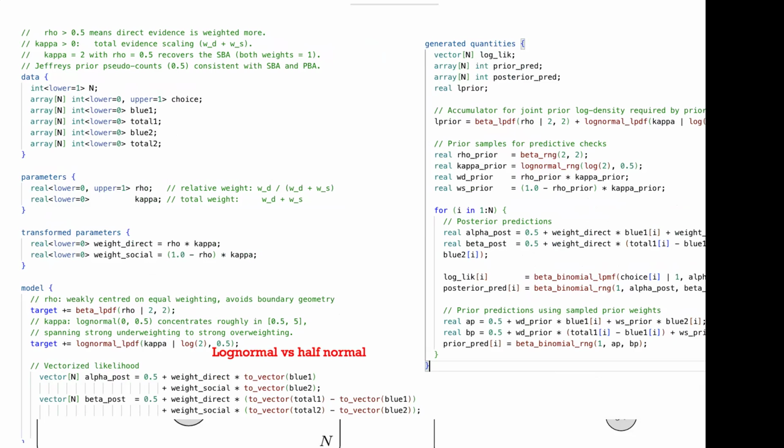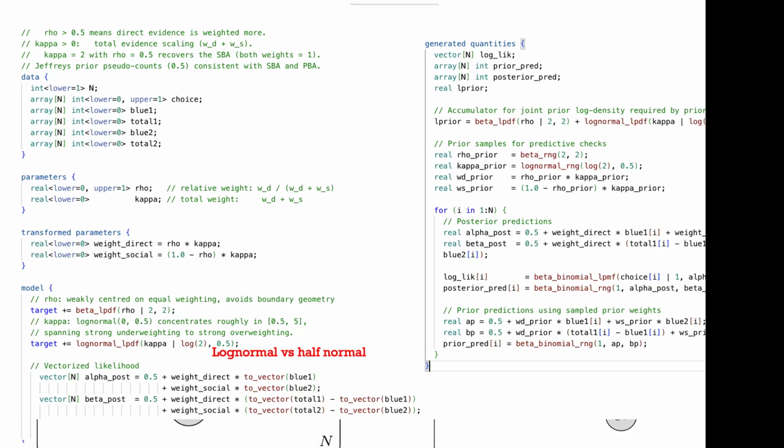Then something that I should have done in the proportional, and I'll do that when I finish teaching, is the transformed parameters so that we see directly how the traditional weights are generated from these new parameters. So in the previous one, I'll add a transformed parameters section where I say weight direct equals p and weight social equals 1 minus p. So we can map them more directly.